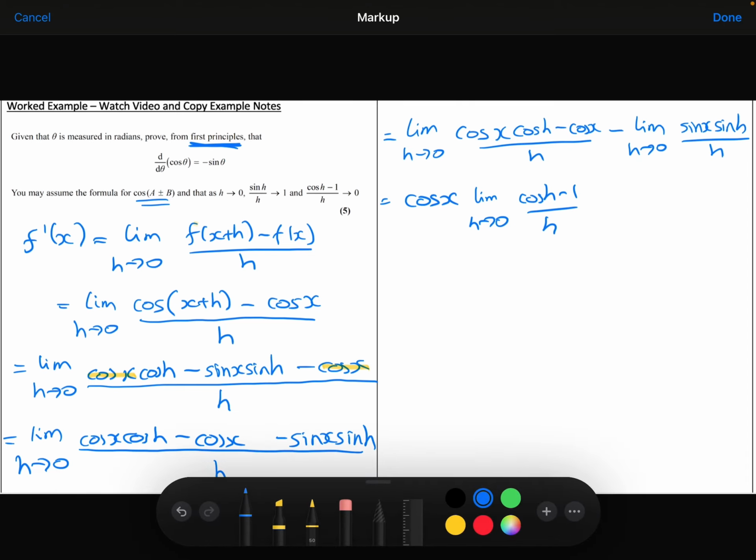All I've done there is take the cos x from here and here and move it to the outside, so that just leaves the cos h minus 1 and the h on the bottom. We'll do the same thing with the sine x. Factorise that sine x outside, because again that's not affected by the limit as h tends towards 0.